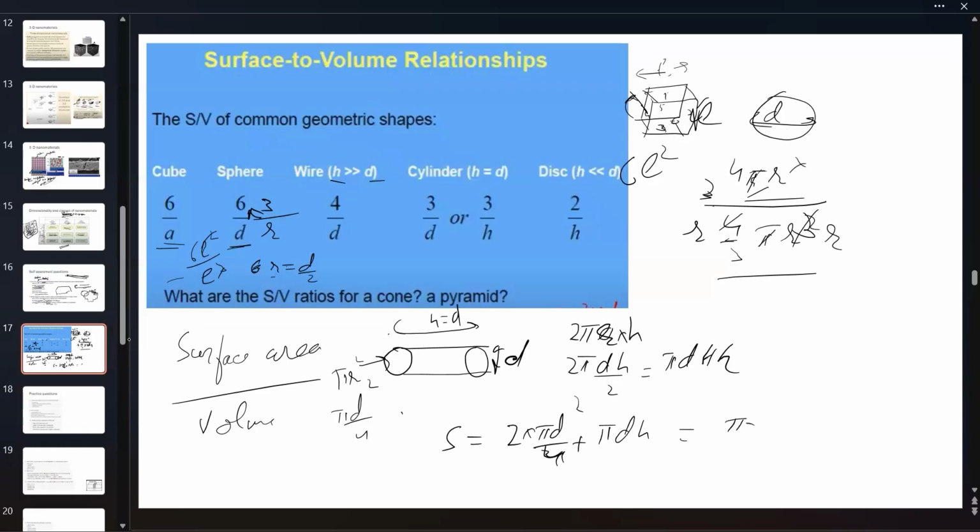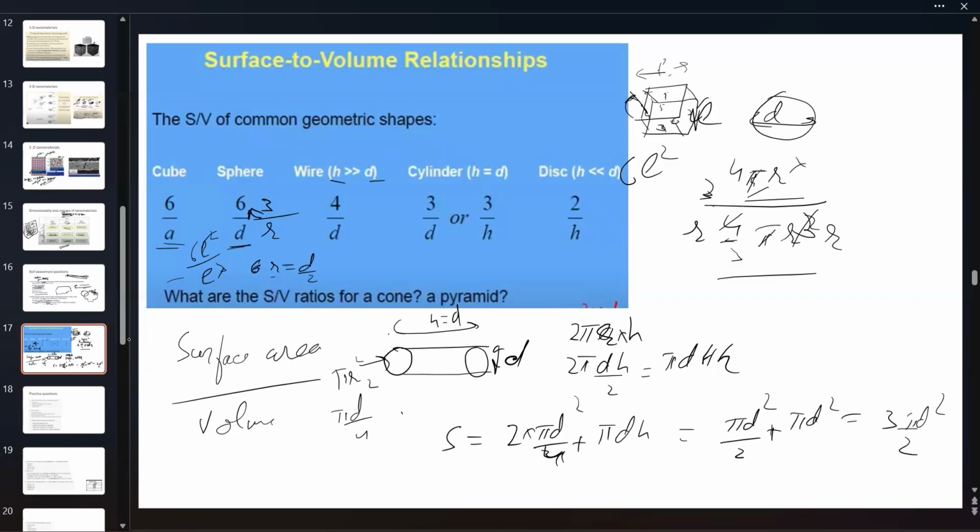you get pi d square over 2 plus pi d square. You get 3 pi d square over 2. This is just the surface area.